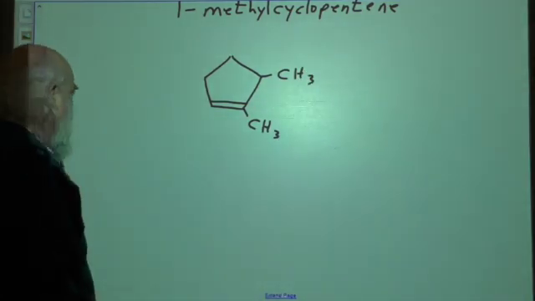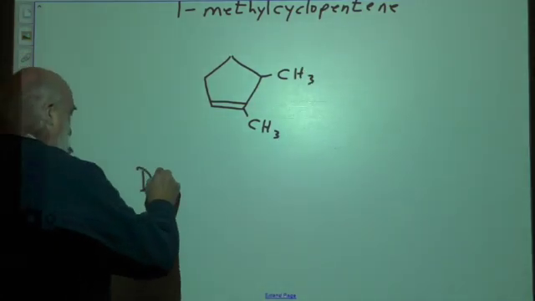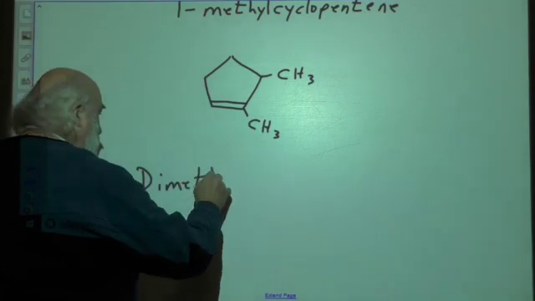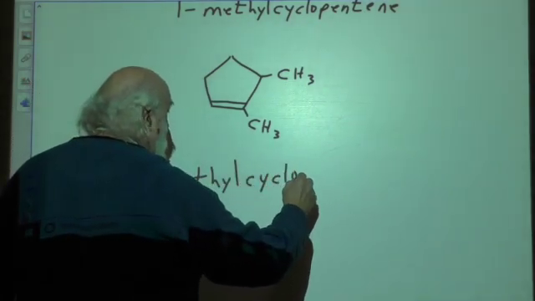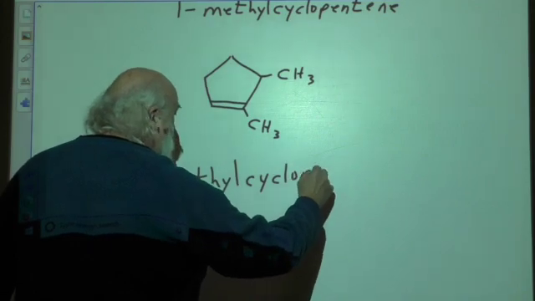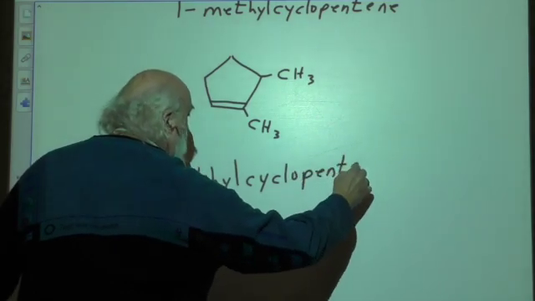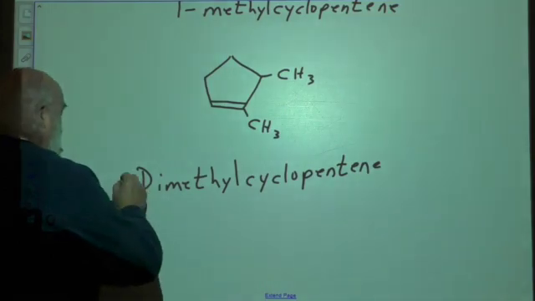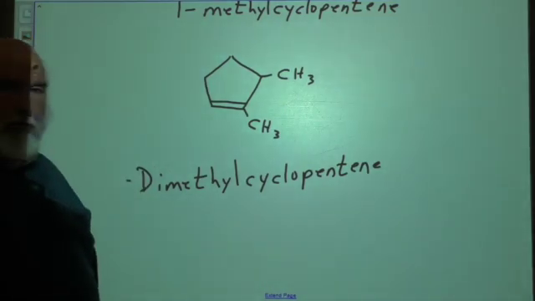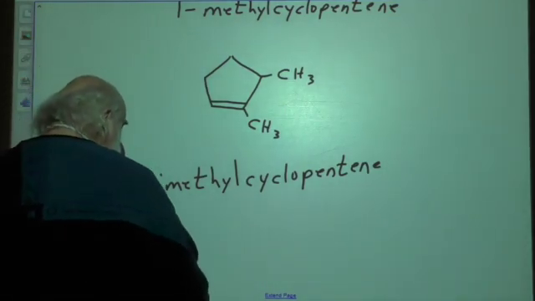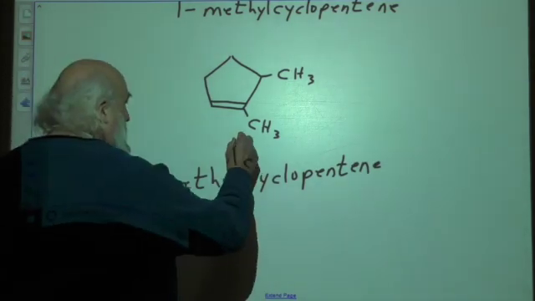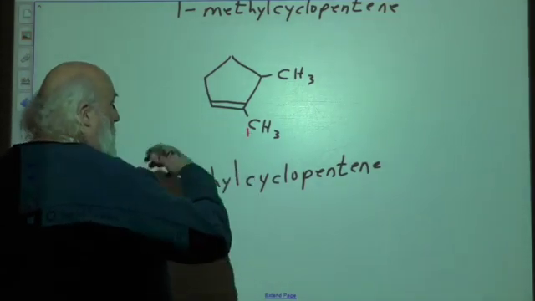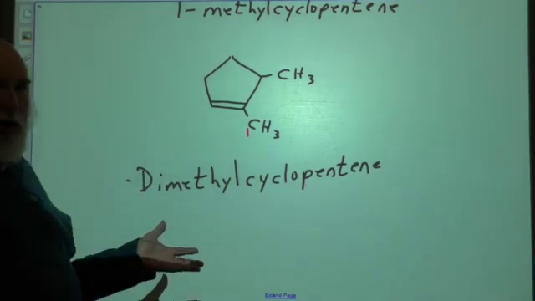Now this is a dimethyl cycloalkene. The question is, what are the numbers in front? So, let's suppose that we make this carbon number 1. It's either 1 or 2, we already know it has to be number 1.